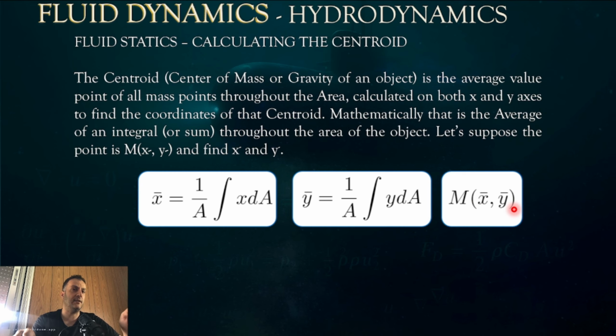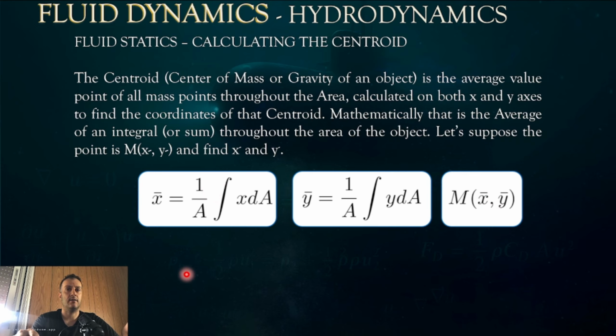If you have z, let's say we are talking about a 3D object, then z bar equals 1 divided by A times the integral of z dA. It is the same concept. It doesn't change. Let's say you have a curve and you need to get the center of gravity for that curve.